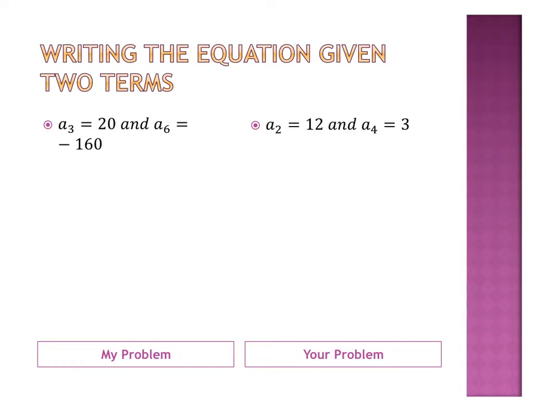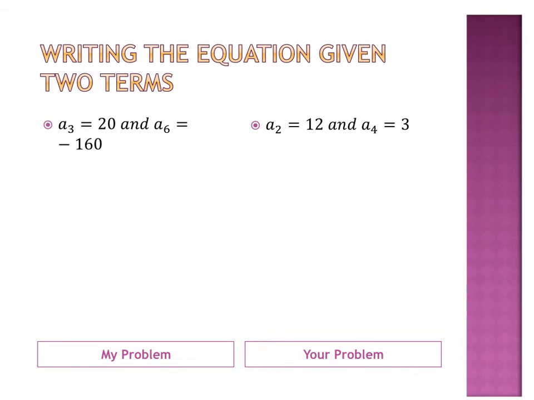Next example. When we are writing the equation given two terms, what if we're only given what two of the terms in the sequence are? We know that a3 is 20 and a6 is negative 160. So I'm going to have to use the system of equations.